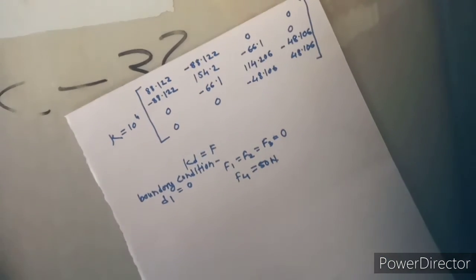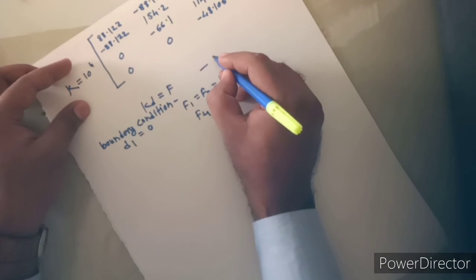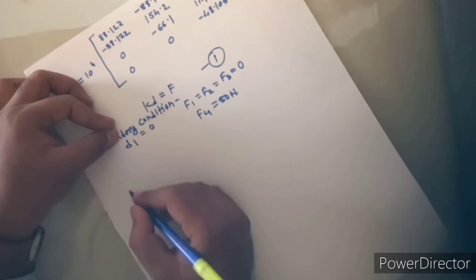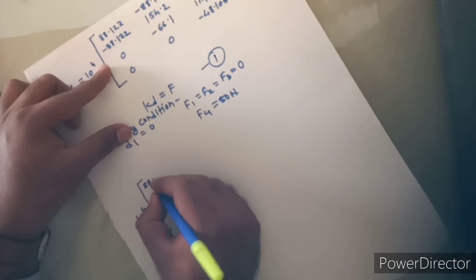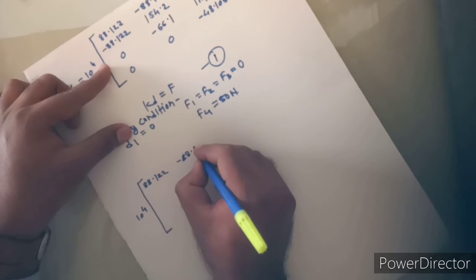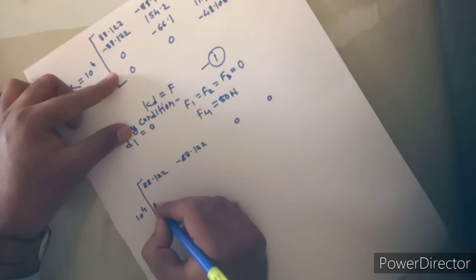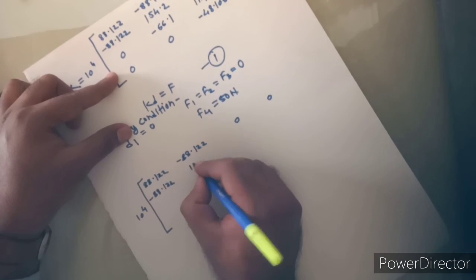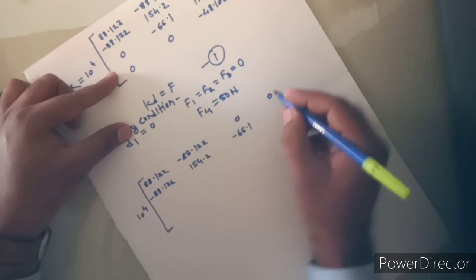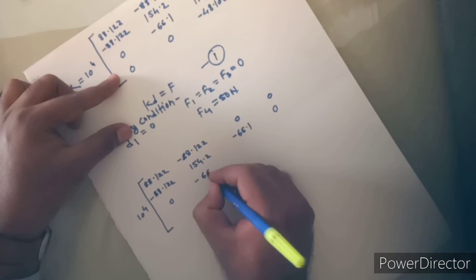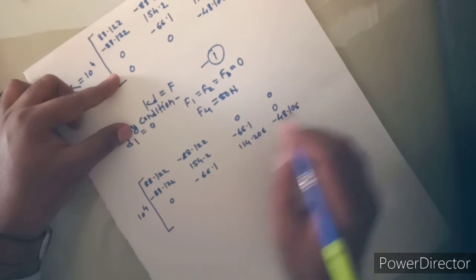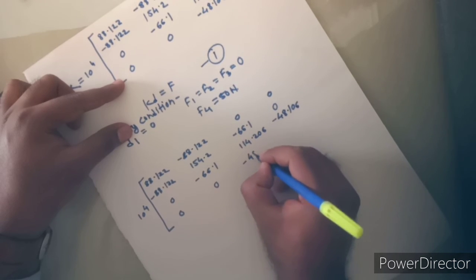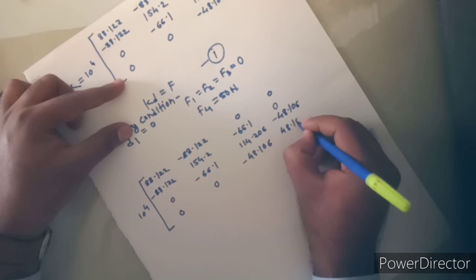Okay, then go for next. Putting these values in this equation, which is equation number 1, we get 10 raised to 4 into the matrix form: 88.122 minus 88.122 0 0, minus 88.122 154.2 minus 66.1 0, 0 minus 66.1 114.206 minus 48.106, 0 0 minus 48.106 48.106.